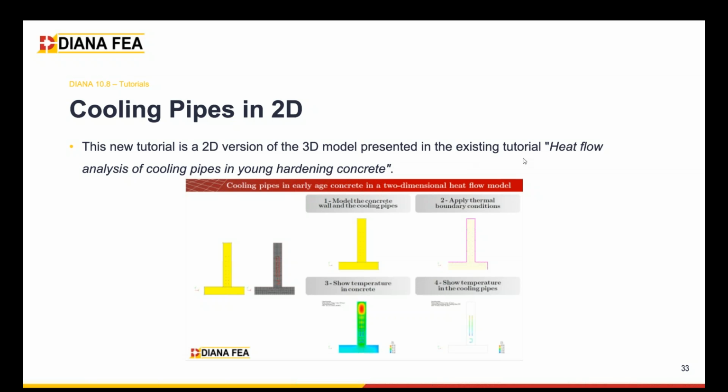In this existing tutorial, we make a complete 3D model of a tunnel, and we took one slice of this 3D model and redid it with a 2D version, and got related results.